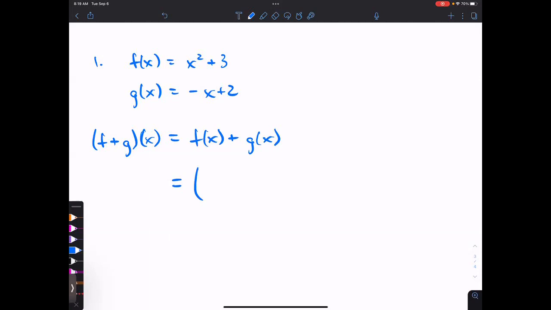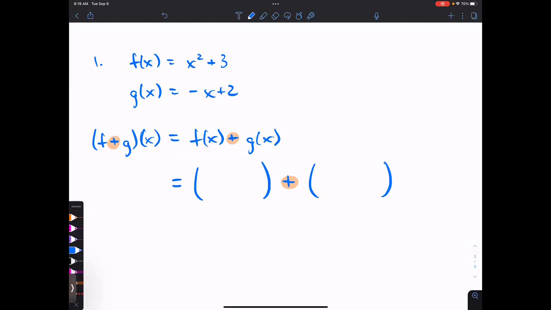What we need to do, big picture, is take F and take G and add them together, right? So if it helps you to think about what's going on, this is what's happening. We should be taking our two functions and adding, because this said add them, so I should be adding.